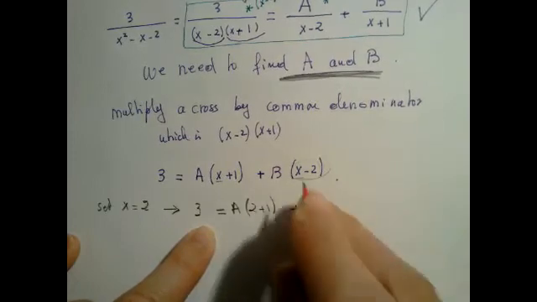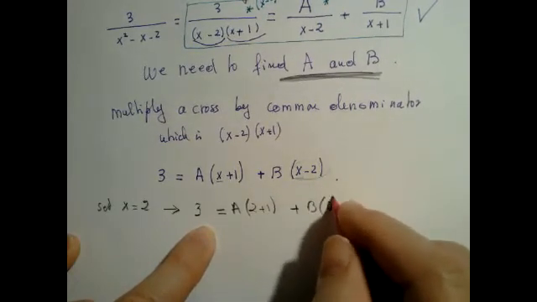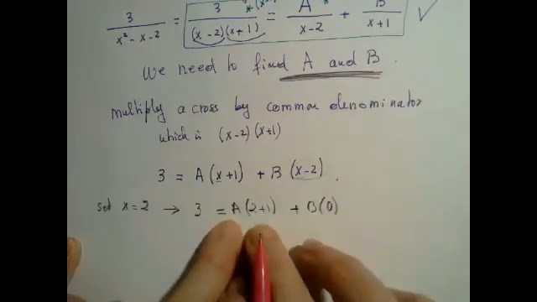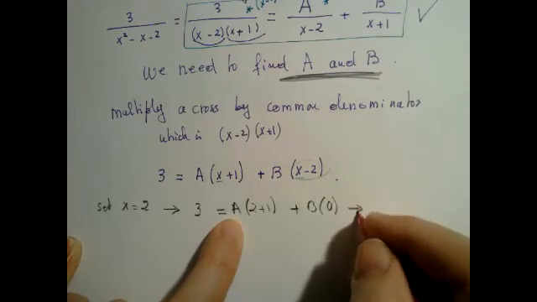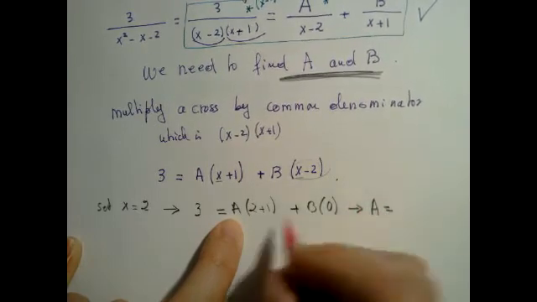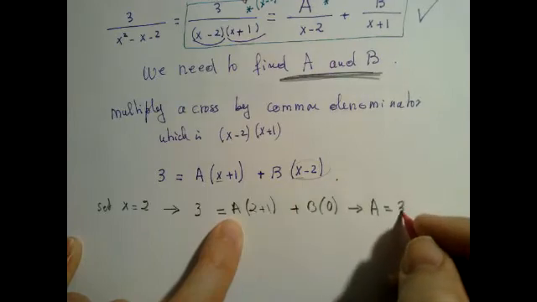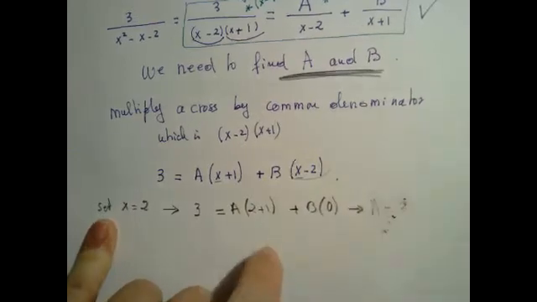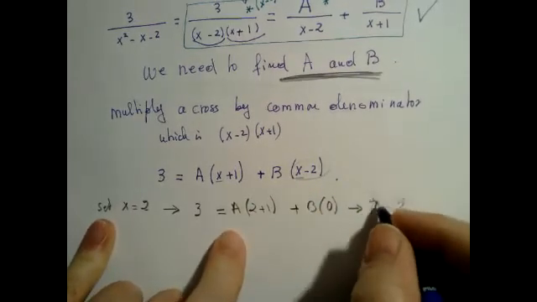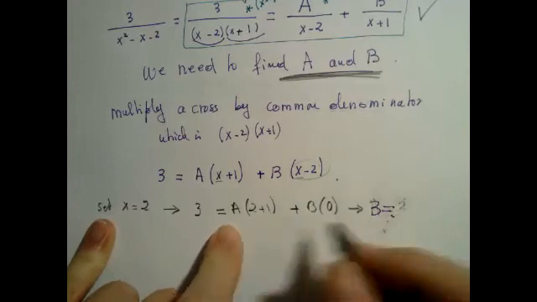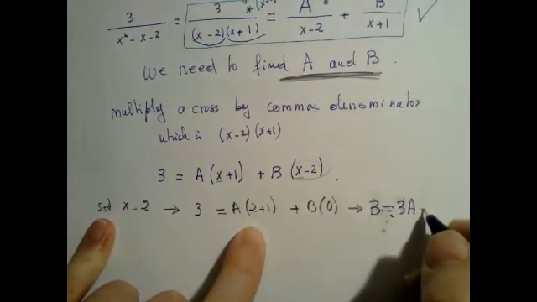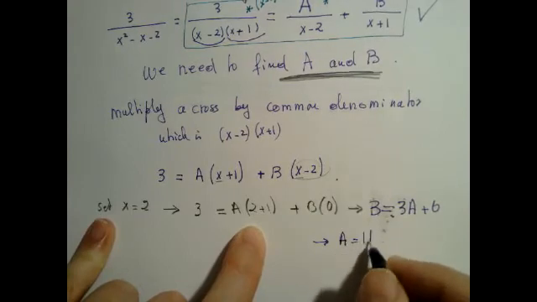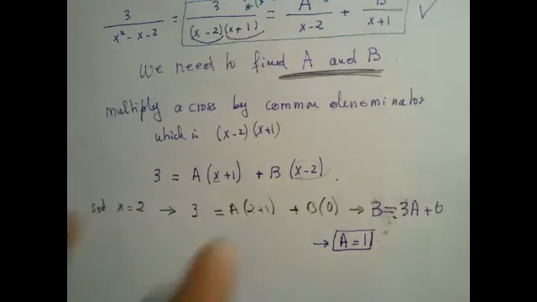And if I pick x equal 2 here, I will have a 0. I'm going to use this trick to be able to find my a. So this would give me 2 plus 1 is 3, 3a. That's going to give me 3 equal 3a plus 0. And then this will tell me that my a should be equal to 1.